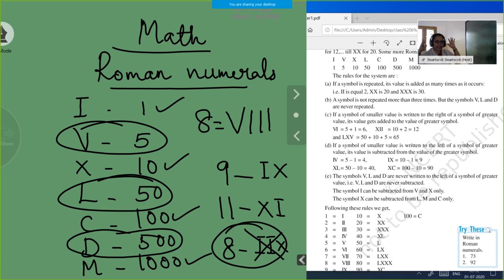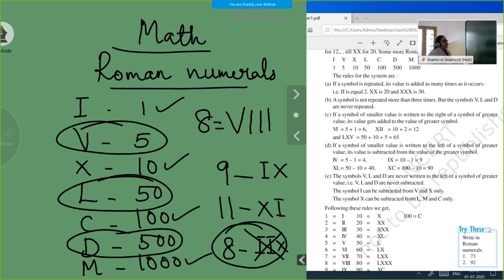Whatever they have done, the same pattern we are following. So we can repeat only I, X and C, and for repeating addition we can do maximum 3 times. But if you are subtracting, we can write I only one time to the left of the number. Don't make it 2 or 3 times.